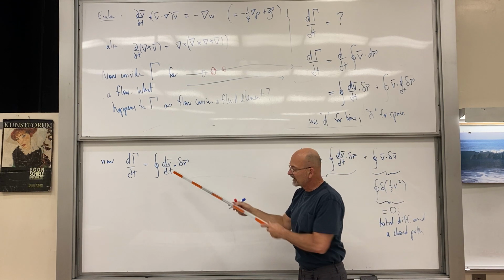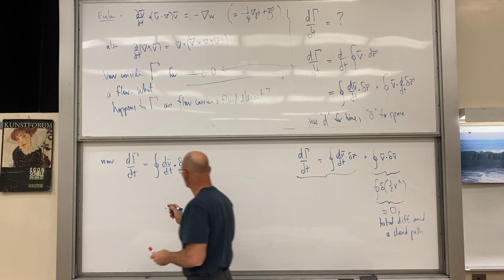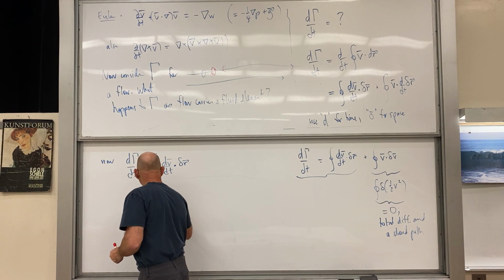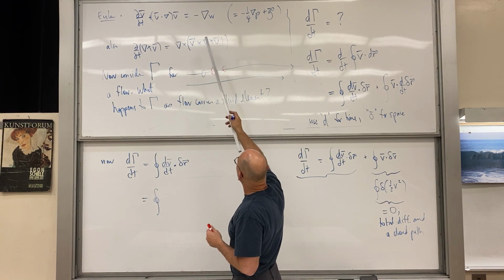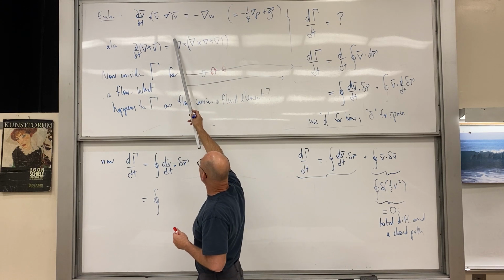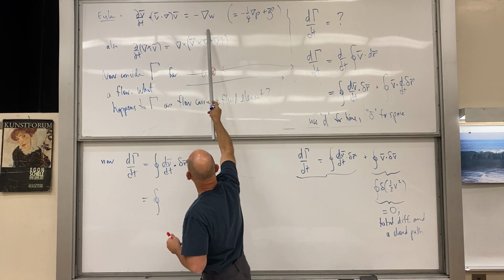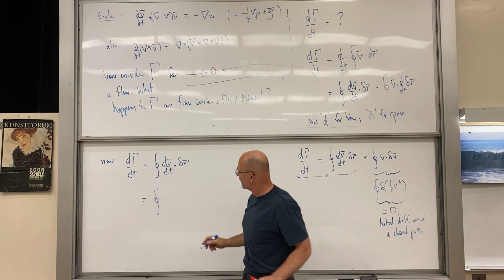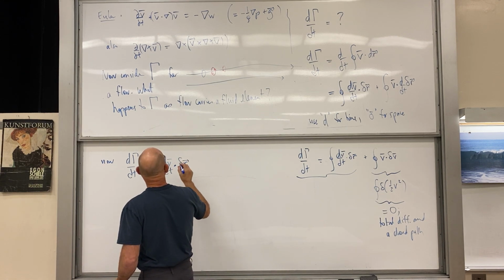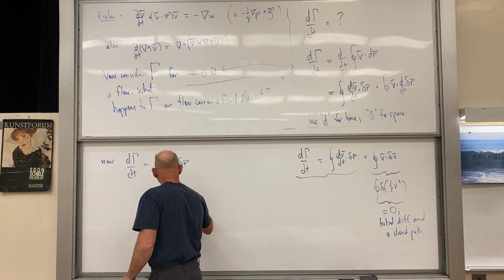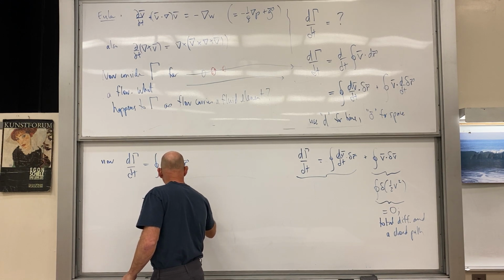So this thing can therefore be replaced with the right side of this equation here. Okay, so this is all dv dt, so it's just minus gradient w dot dr.